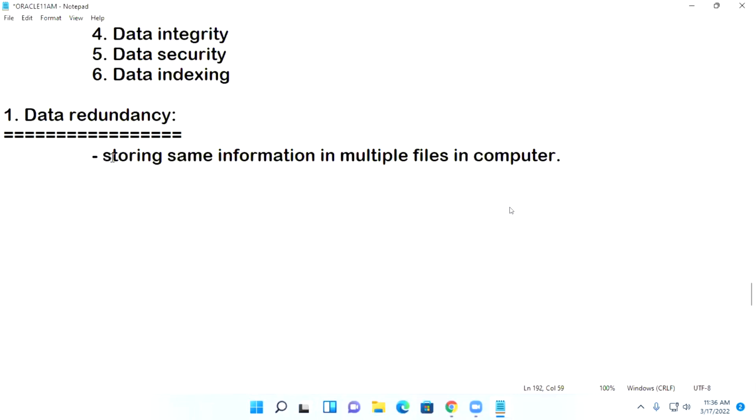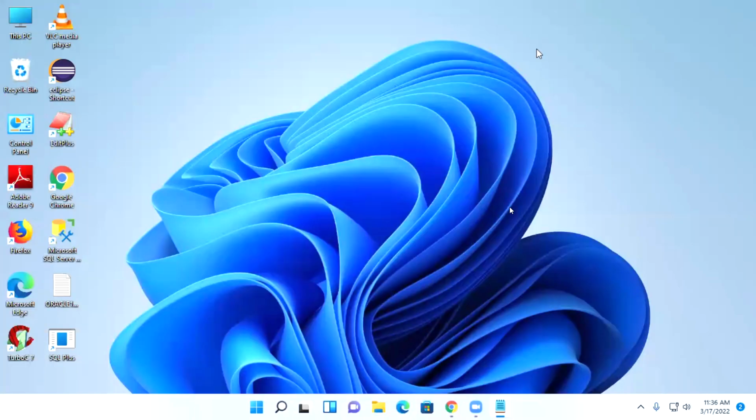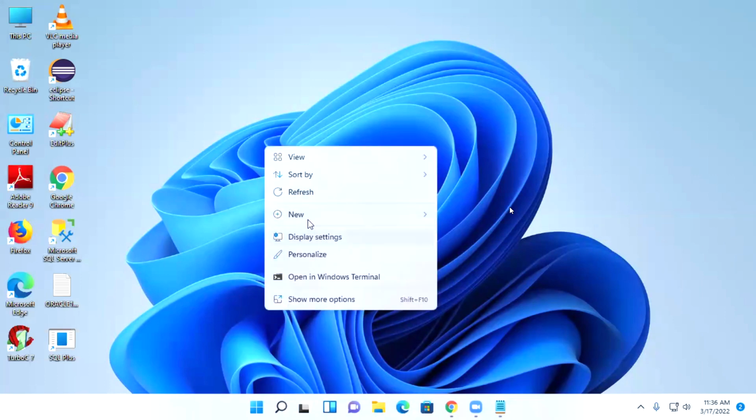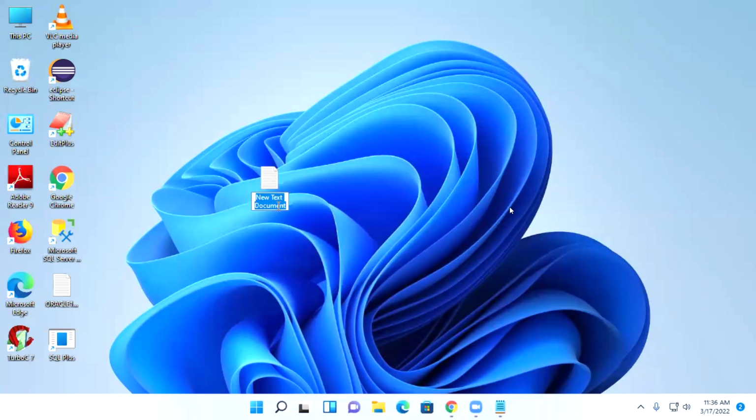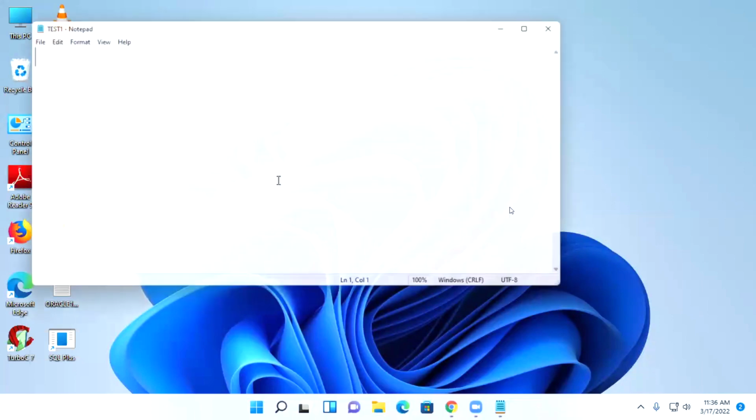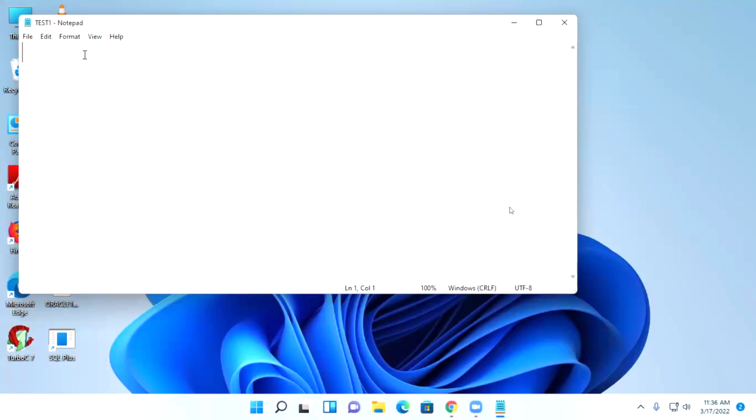Okay, so now we will discuss it practically, guys. Let me come out, and I just created some files. One of my text files, I created, its name is test1. In this test file, I open it and now I'm inserting some data into this text file.